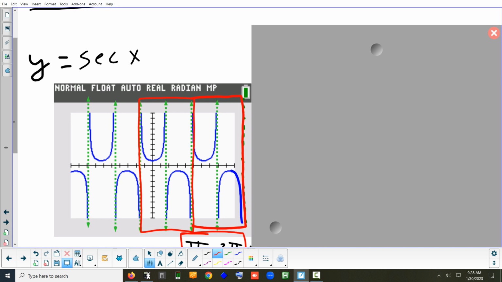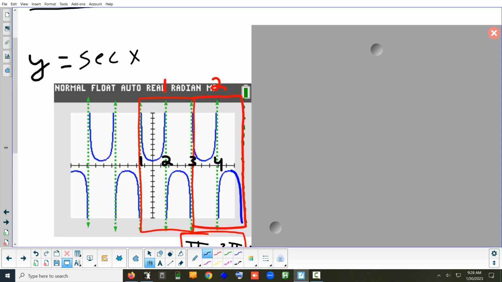Okay, so how many asymptotes do you think there are per cycle in this one? This is box 1. That's box 2. And we could label these asymptotes 1, 2, 3, and 4. Which asymptotes belong to box 1? 1 and 2. Yeah, there are 2.